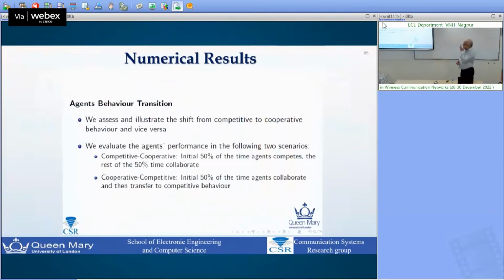Now we are going to see the competitive-cooperative and cooperative-competitive schemes. That means for the initial 50% of the time it is competitive, then the remaining 50% of the time collaborative, and then vice versa. So 50-50, but first competitive then cooperative, or first cooperative then competitive.